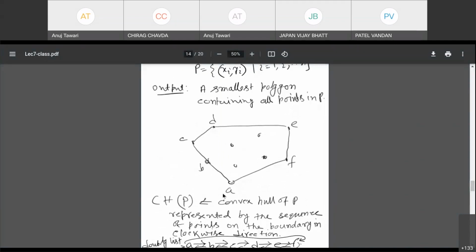So you consider every pair of points, right? So how many pairs are there? N squared. Okay. Construct this polygon and check whether all the points are contained inside that polygon.